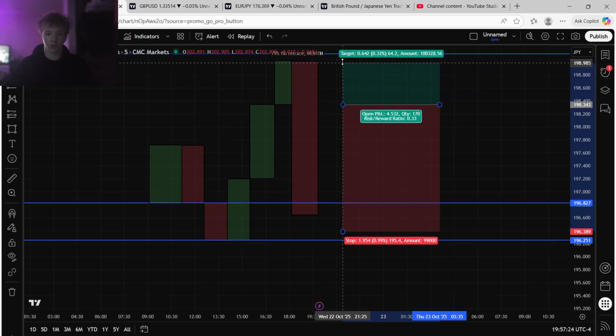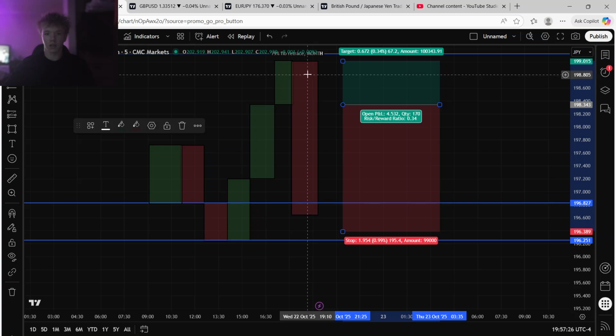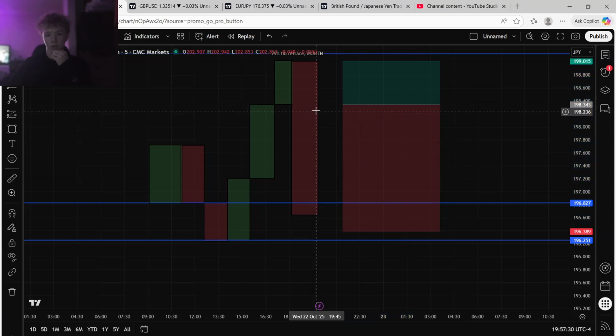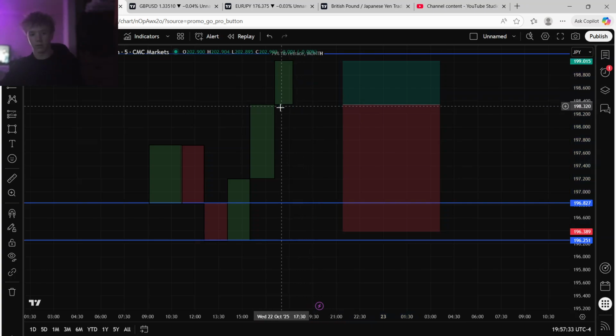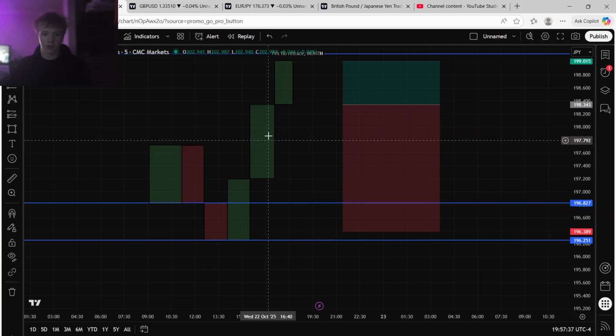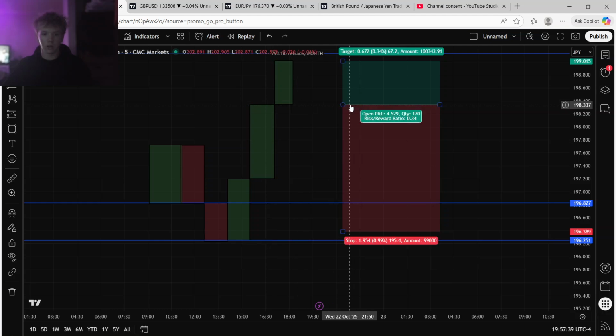Say you just knew price was gravitating towards this high. If we didn't have the order block, this is what it would look like: you get on this break of structure candle where it closes, and then you're hitting take profit right here for $300. You couldn't pay me $300 to do anything.